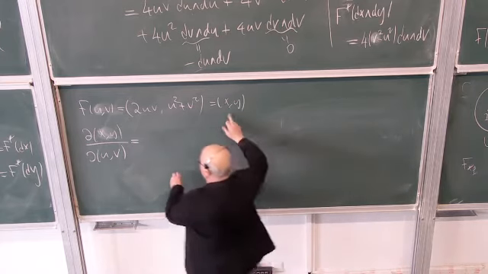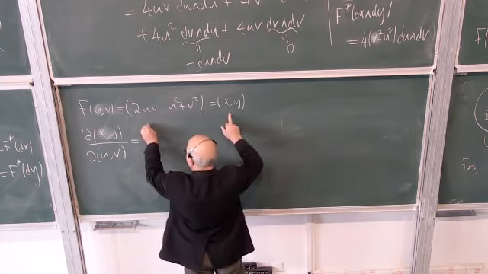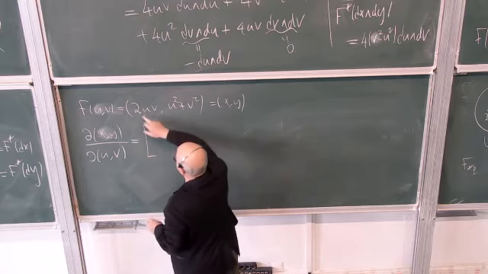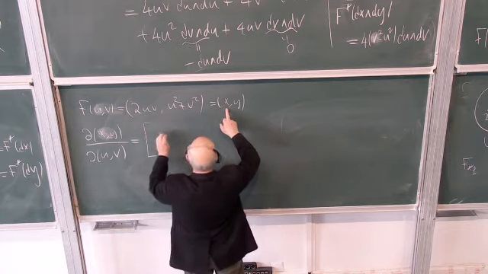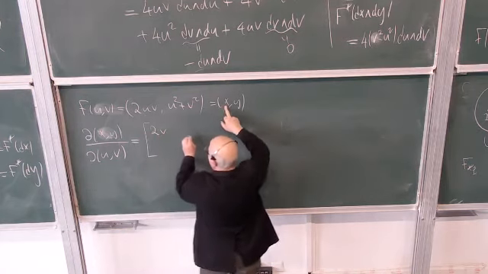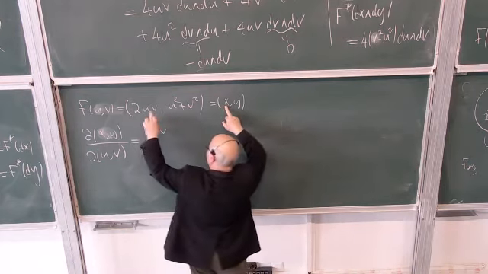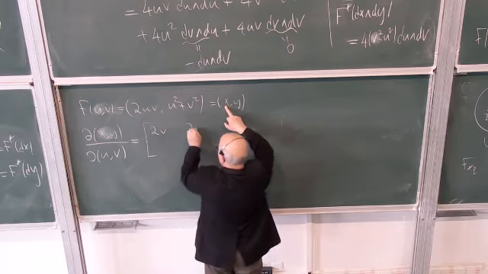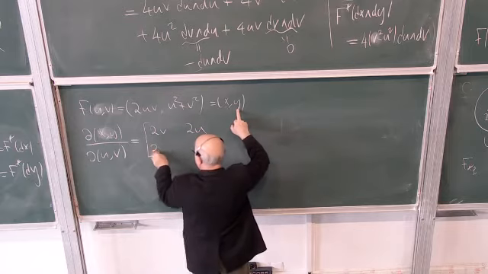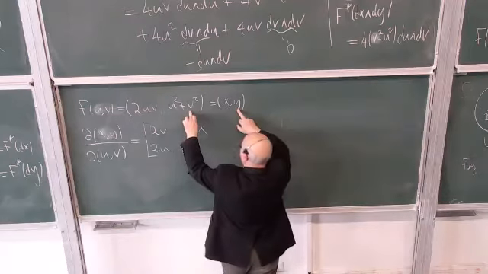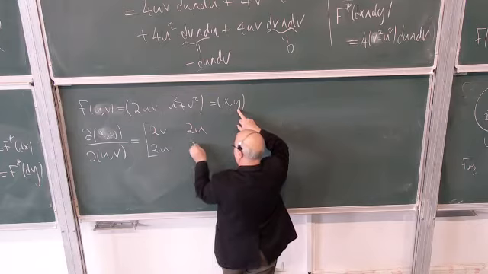Okay, so it is just this matrix. The derivative of x with respect to u is 2v, and the derivative of x with respect to v is 2u. The derivative of y with respect to u is 2u, and the derivative of y with respect to v is 2v.